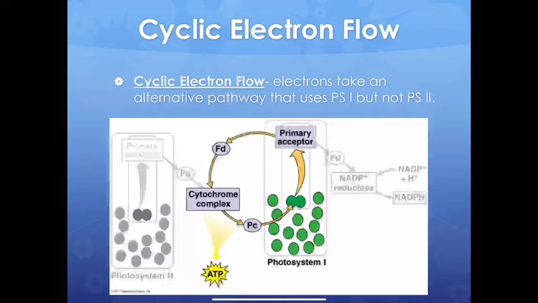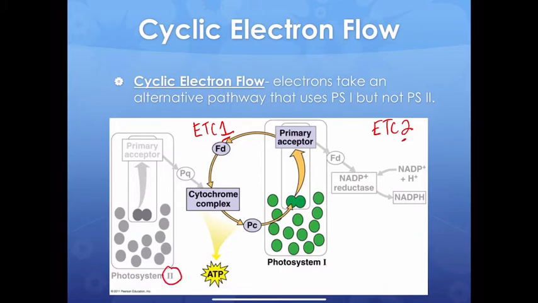So here we have electron transport chain 1 and electron transport chain 2. Again, they're not really called 1 and 2, I'm just calling them that. But we have photosystem 2 and photosystem 1. So this is in the light reaction. But some electrons do not complete electron transport chain 2.